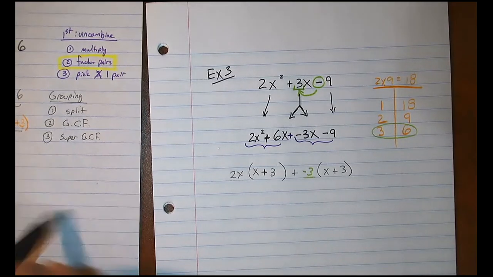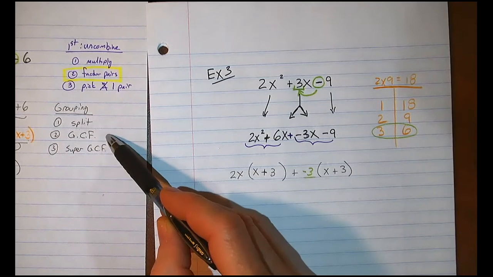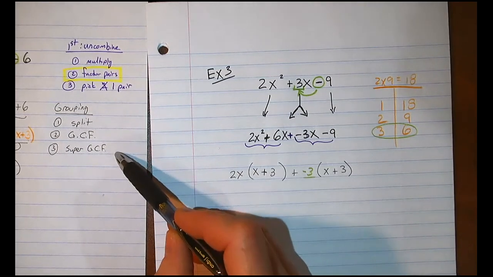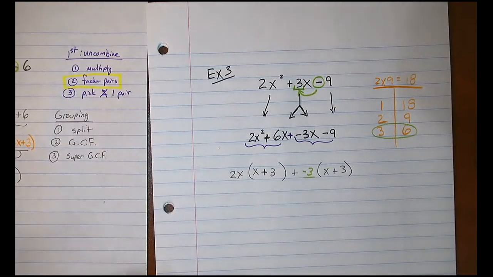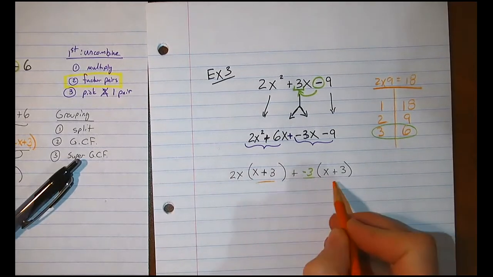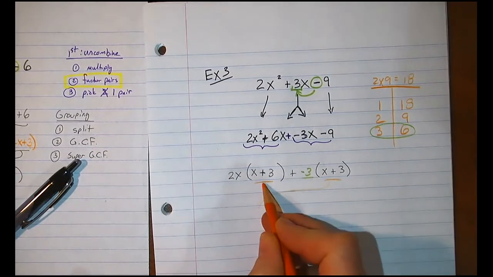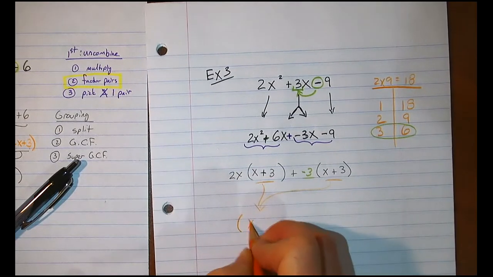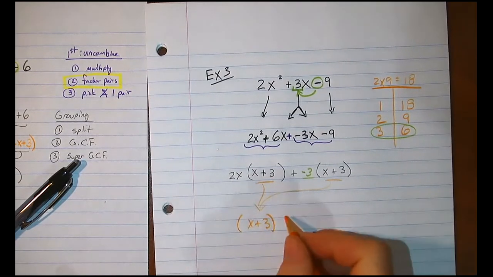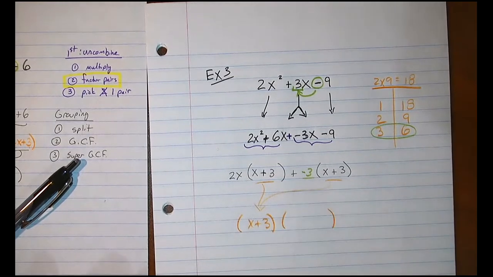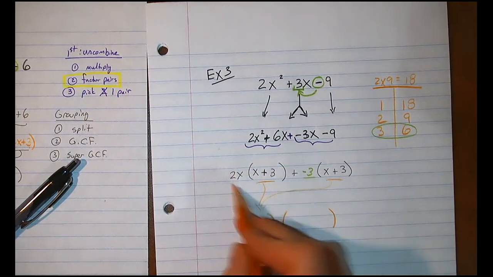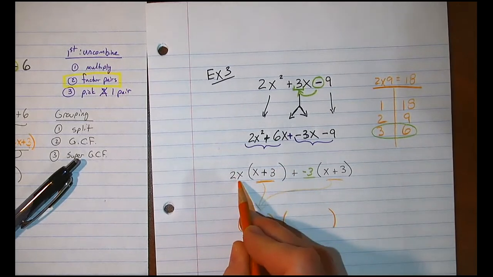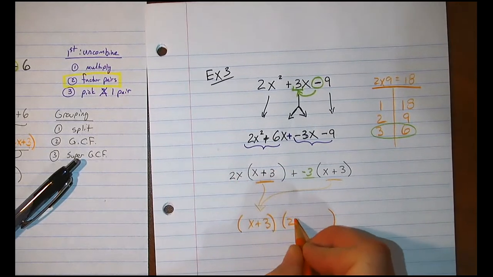All right, so now I'm done with step 2. I've done the greatest common factor from both groups. And I move on to step 3. Let's take out this super greatest common factor. Let's undistribute that. Let's factor that out. So I've got an x plus 3 factored out. And then I put a set of parentheses and figure out what was in those parentheses. So from this first piece, the x plus 3 is getting multiplied by a 2x.